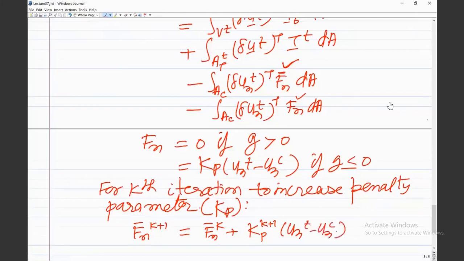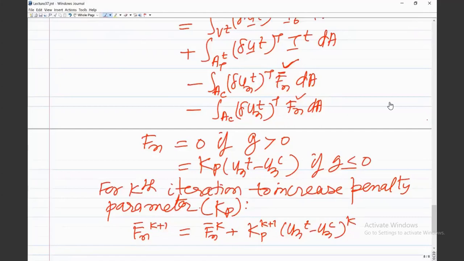This is evaluated at the known previous iteration, the kth iteration. So like this, you express this Fn bar, the Lagrange multiplier. Based on this, we use this augmented Lagrange method, which is better convergence wise. You get a better solution.